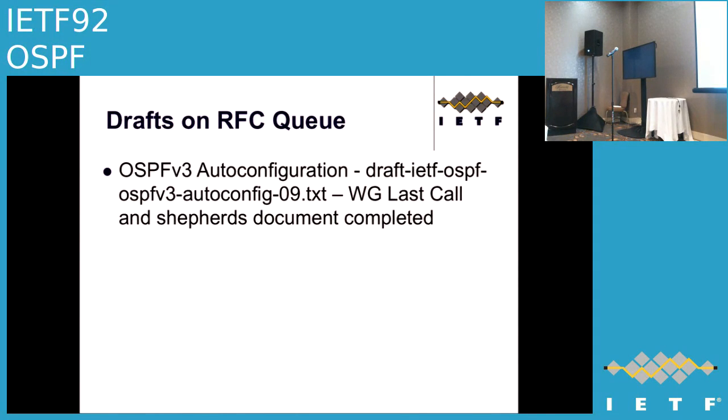This is on the RFC editor's queue. We started out, this was done a long time ago. There was an auto-config draft, OSPF-201503, a long time ago. There was this working group, and it never went all the way to the end.